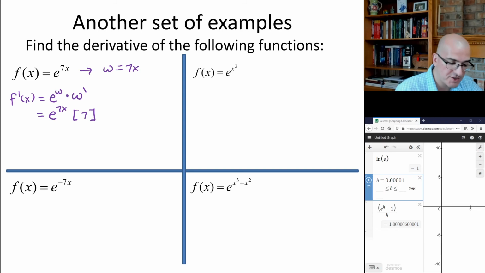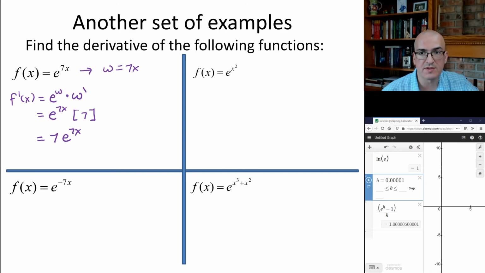And it's traditional to put the constant out front, so I'll do that, 7e to the 7x. Be mindful of what this notation means. The e is being raised to the power of 7x, but the 7 in front is not being exponentiated. So it's a constant multiplied by an exponential function, not 7 times e both raised to that power.